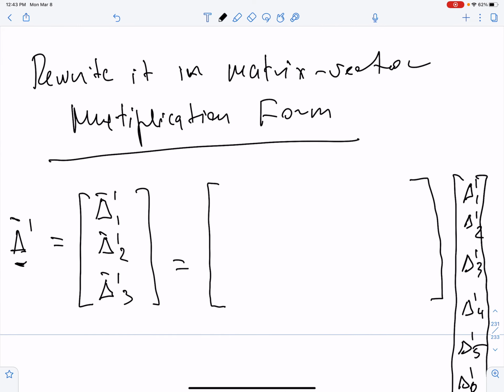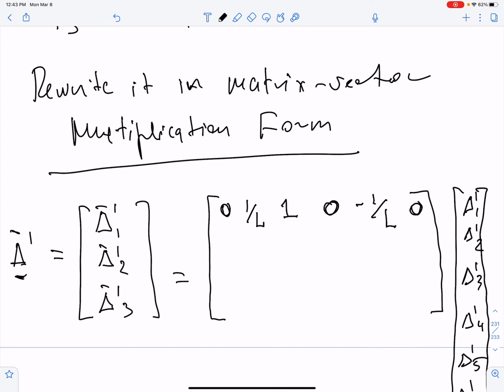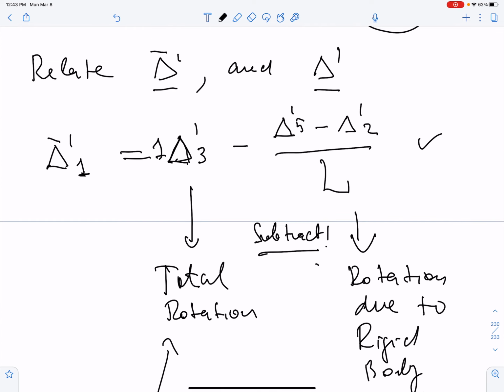So you put a 0 here, you put 1 over L that would multiply delta prime 2. Delta prime 3 comes in with multiplier 1. Delta prime 4 doesn't participate. Delta prime 5 gets a minus 1 over L, and delta prime 6 gets a 0.